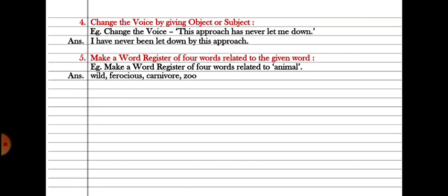For example, make a word register of 4 words related to animal. Answer: wild, ferocious, carnivore, zoo. So you can think of more such words and prepare word registers for the same as practice.